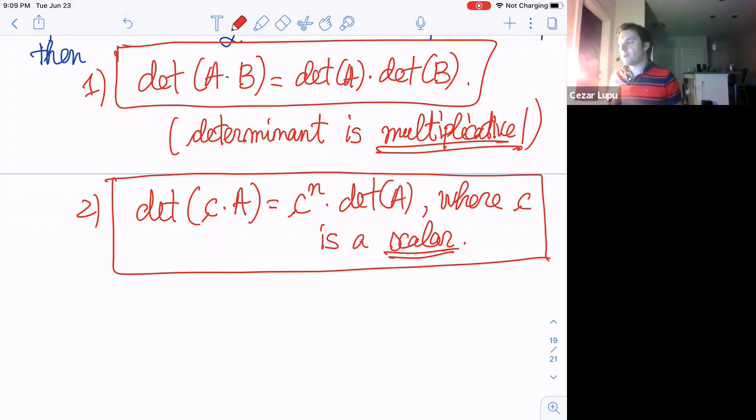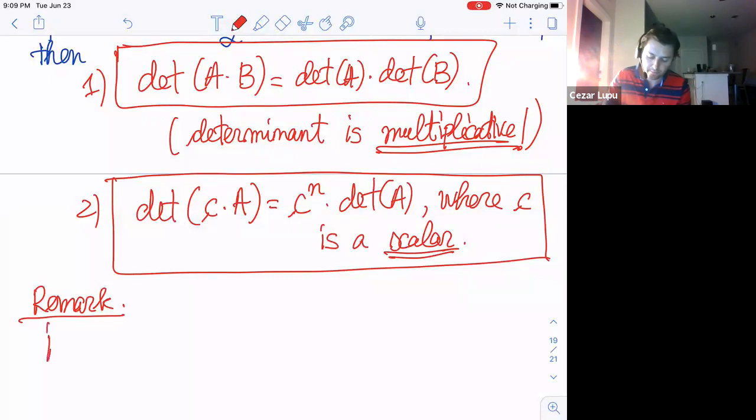This is another important property. And I want to point out a remark here. So remark: usually the determinant is not additive. So in other words, the sum of the determinants of two matrices is usually not equal to the determinant of their sum.